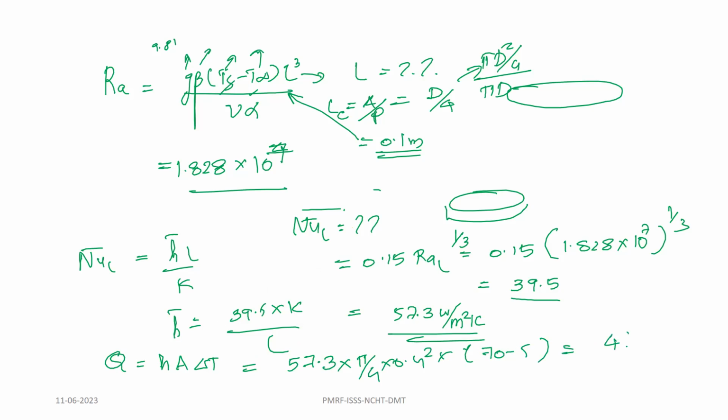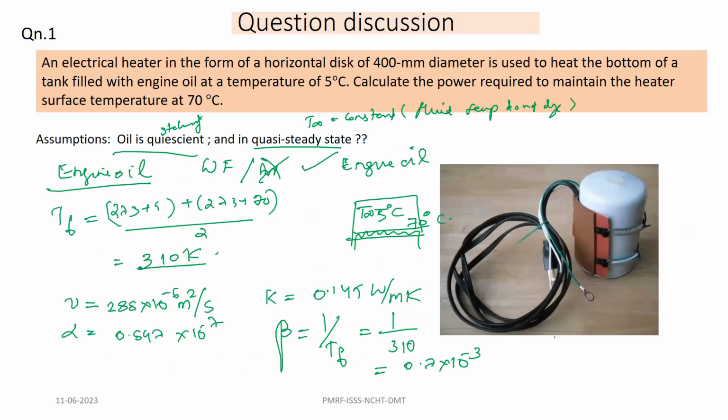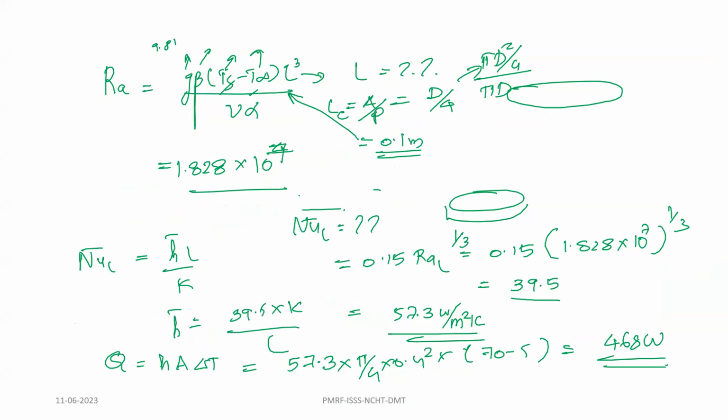That will come to be 468 watts. So we need to supply an electrical power of 468 watts to keep the engine oil at 5 degrees Celsius, and the plate temperature at how much? 70 degrees Celsius.